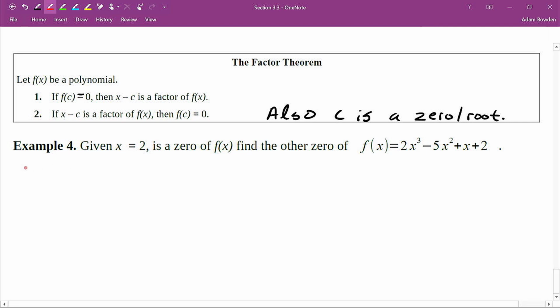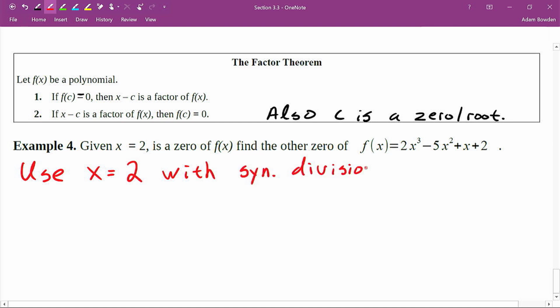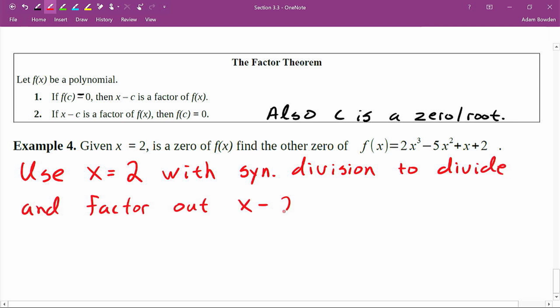So what we do is we use the fact that x equals 2 with synthetic division to divide and factor out a factor of x minus 2 from our function 2x to the third minus 5x squared plus x plus 2.